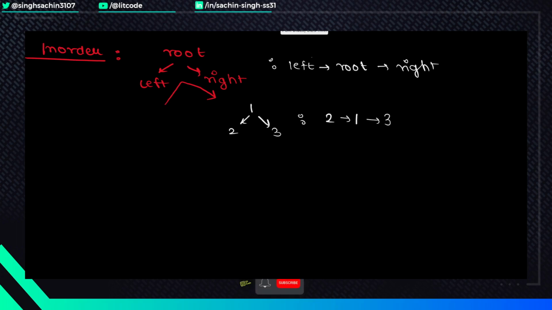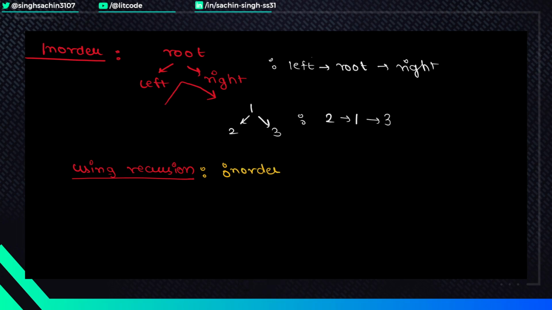We'll be using recursion. I'll define a recursive function, let's say inorder. For each node we receive, I'll pass the left subtree to the recursive call.